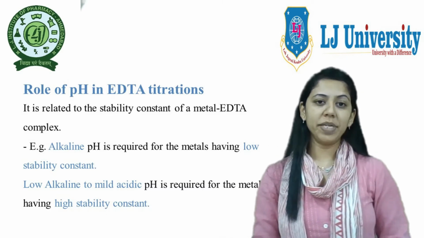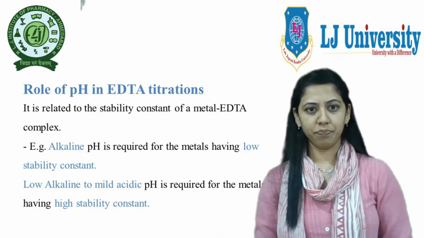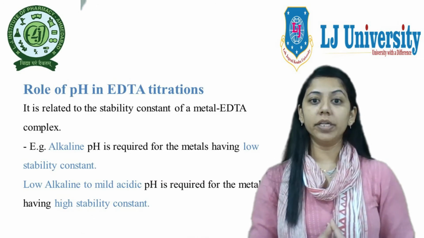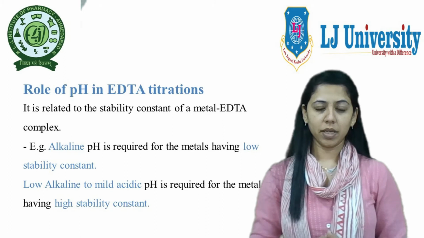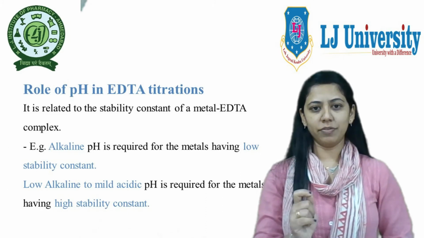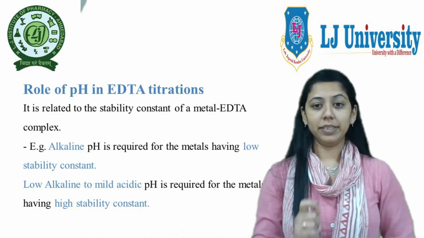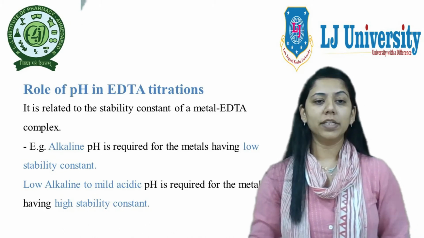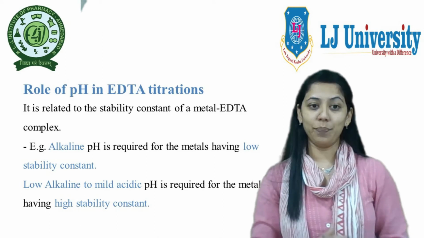Next, the role of pH in EDTA titration. Basically, EDTA titrations are carried out in a buffer solution. Use of a proper buffer is important because it affects the stability of the metal ligand complex.